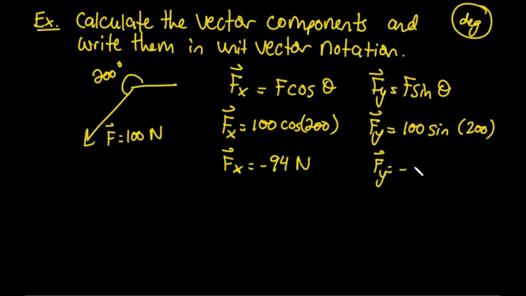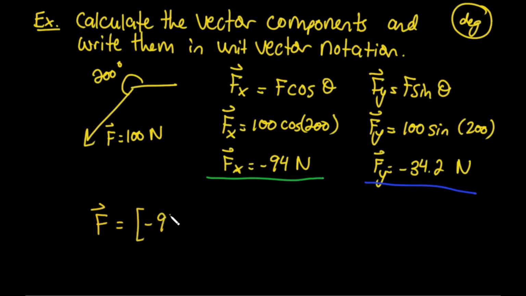I would get an answer of negative 34.2 newtons. So I now have my x and I have my y. It's time to write out my unit vector notation. So my vector F is equal to negative 94I minus 34.2j newtons.